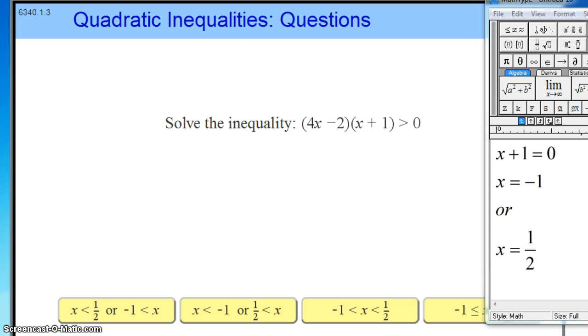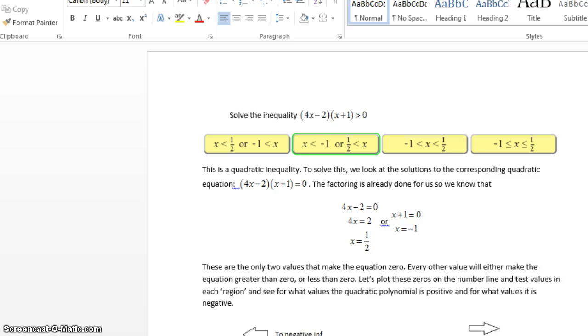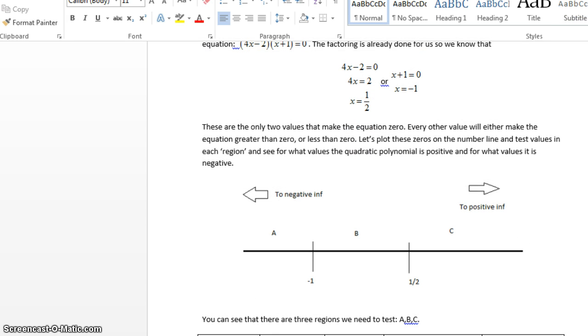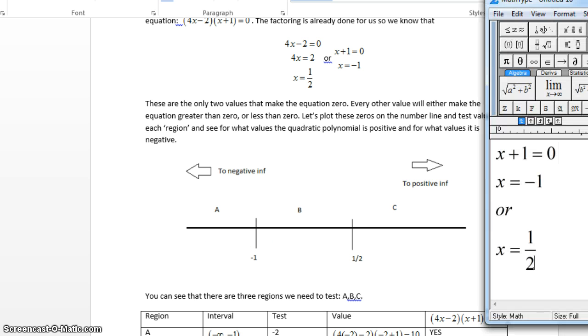And so I made this number line here. Let's try to pull this up. Okay, so we basically have a few regions. We have region A, which is everything from -infinity all the way to -1, right? Our values for x were -1 and 1/2. So we're going to draw those on the number line, and it breaks it into 3 regions.